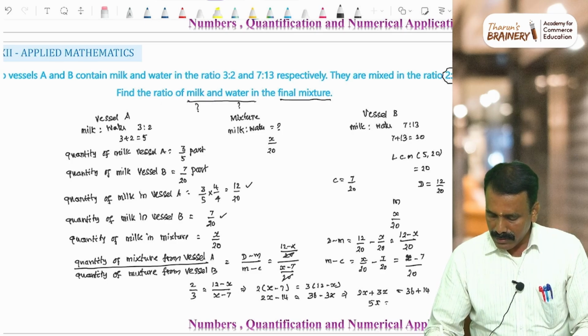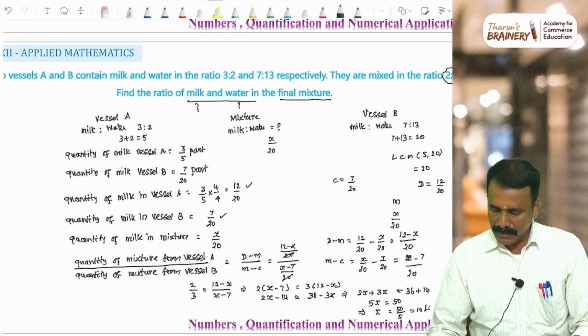So 5x is equal to 50, which implies x is equal to 50 by 5, that is 10 liters. 10, x is equal to 10.